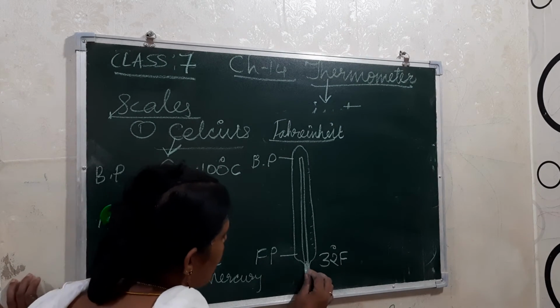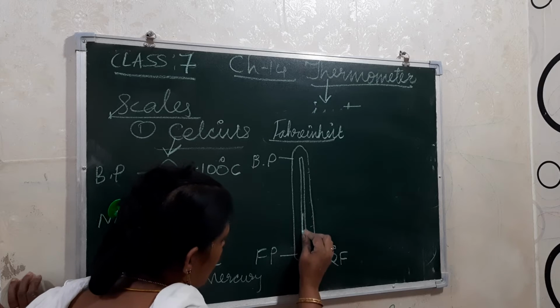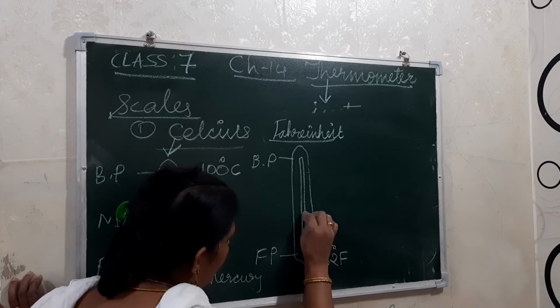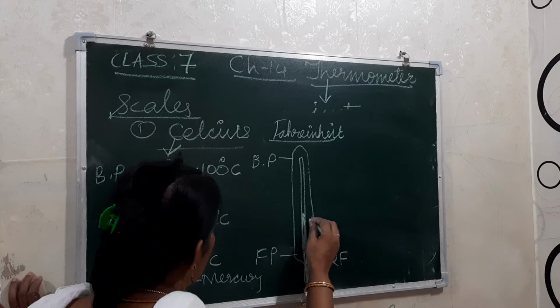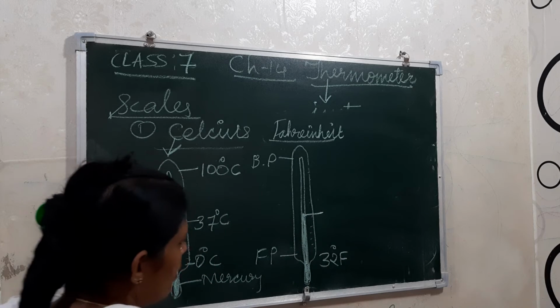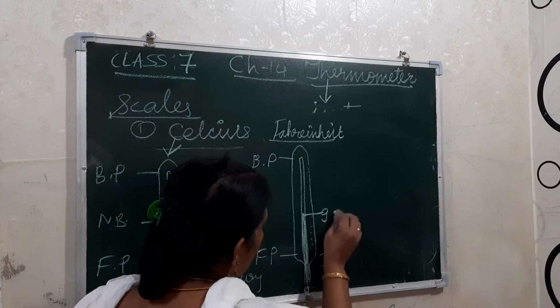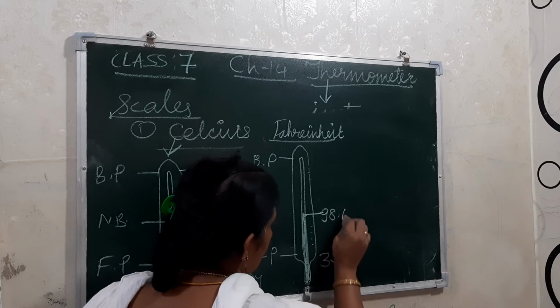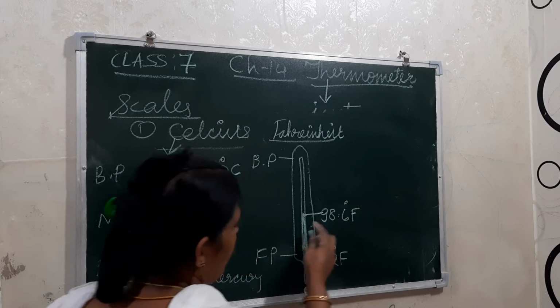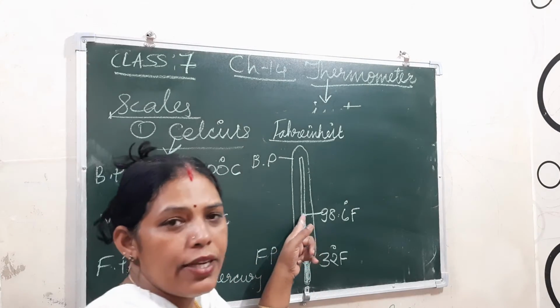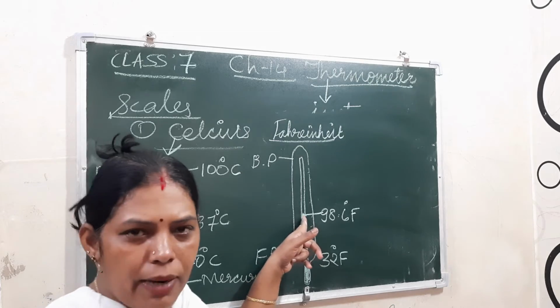When the mercury rises up to here, the normal body temperature will be 98.6 degree Fahrenheit. If it is 98.6 degree Fahrenheit, it is normal temperature.